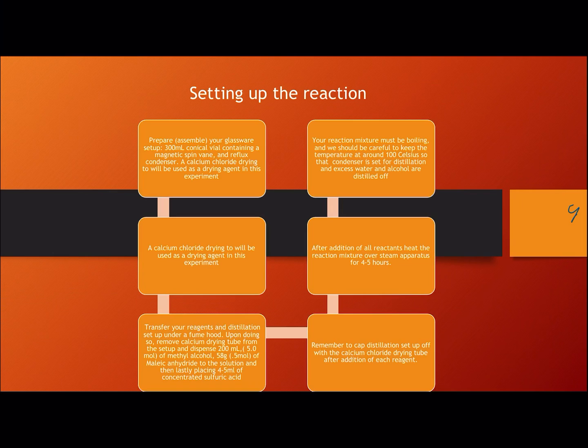Now that we have talked about the characterizations of our starting material, maleic anhydride, and our product, dimethylmaleate, it is time to talk about the setting up of the reaction. So we're preparing a 300 milliliter vial, with the magnetic spin bar in there.